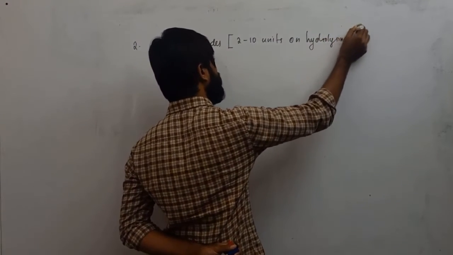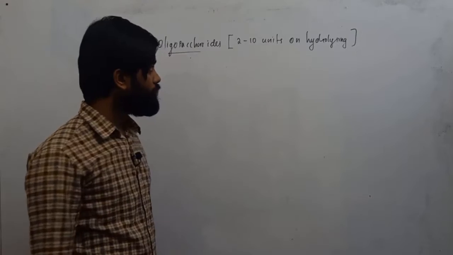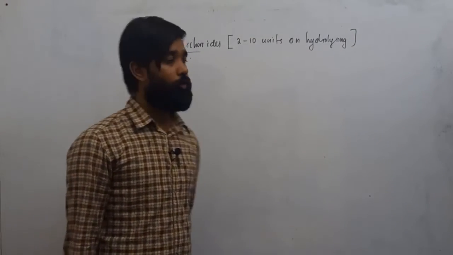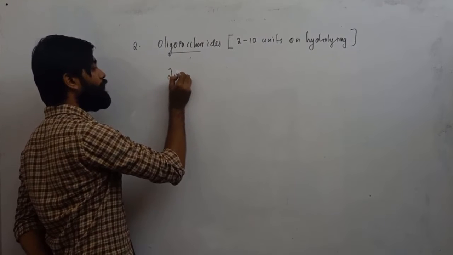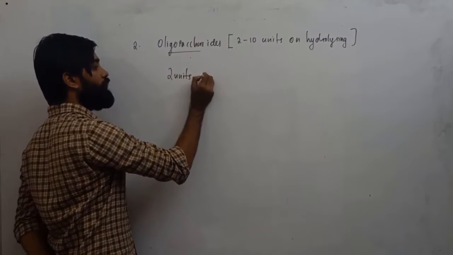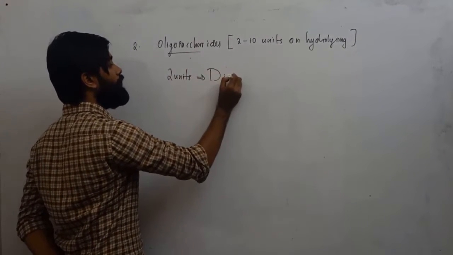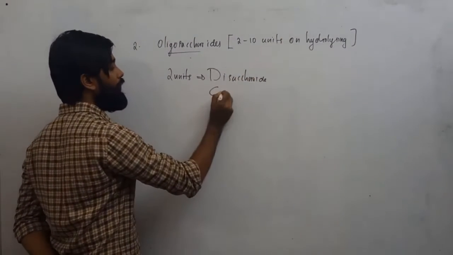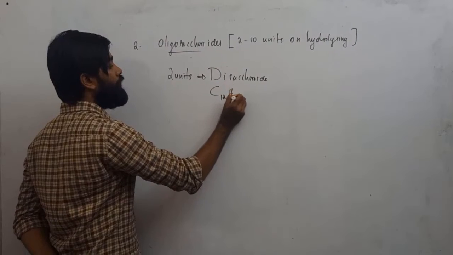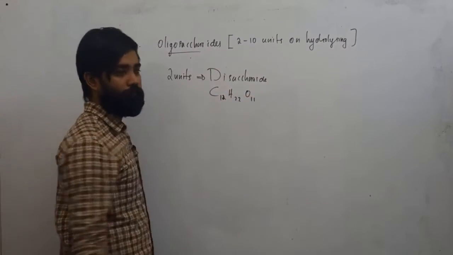When the carbohydrate is hydrolyzed, it can form 2 to 10 units, then they are called oligosaccharide. If 2 units are there, then that is said to be disaccharide, with the formula C12H22O11.